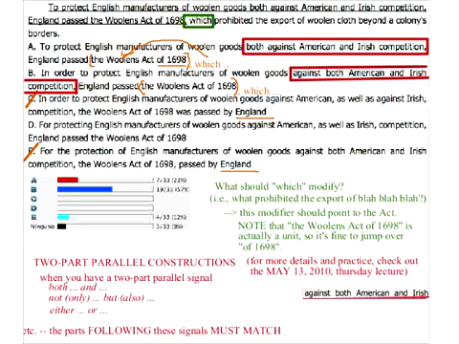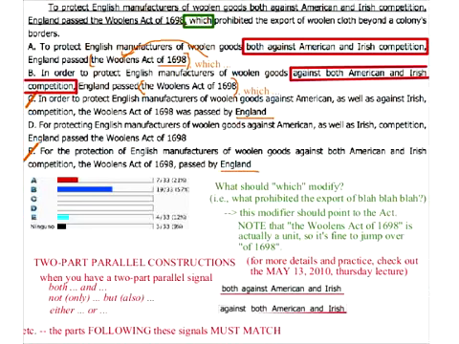So let's take a look. A and B. The construction here is both X and Y. So that's both and that's both. And people who are marking on the board, please don't.